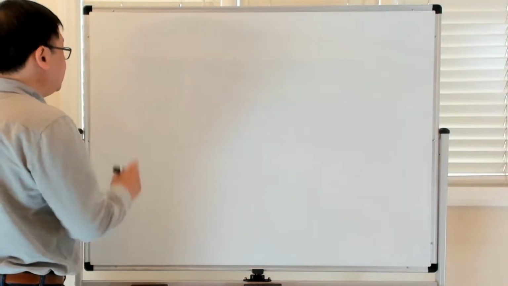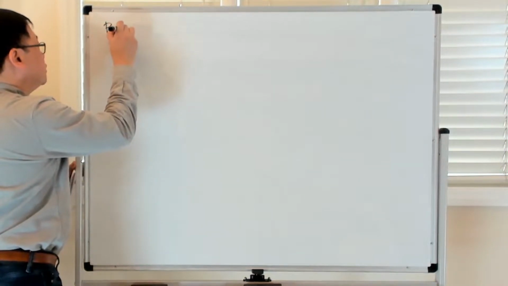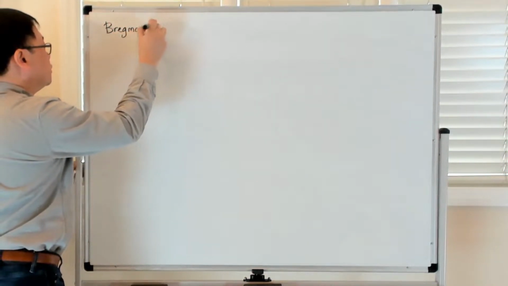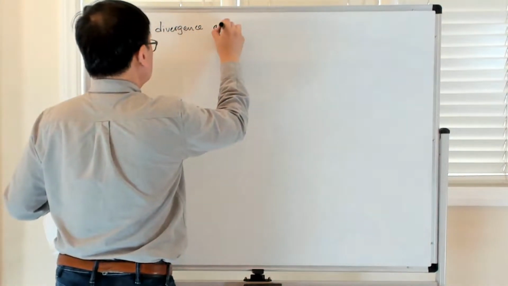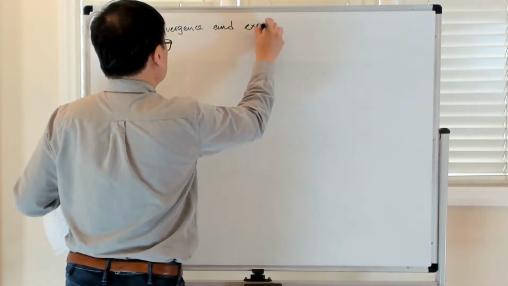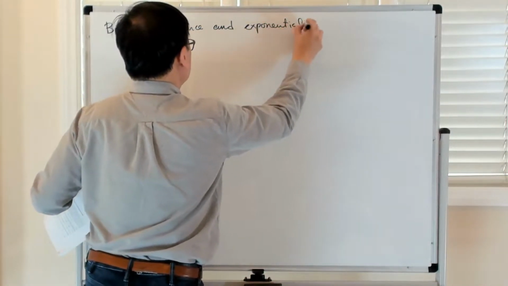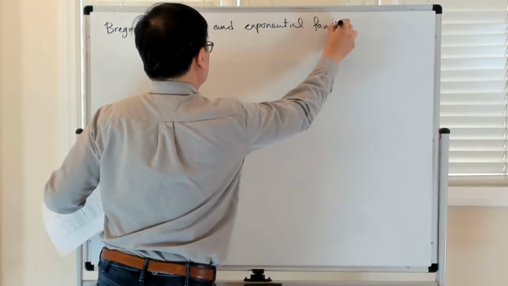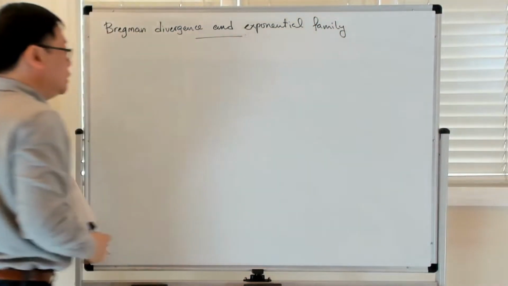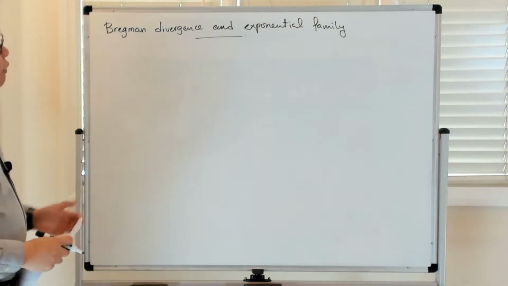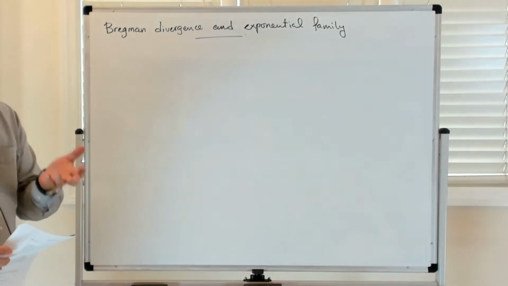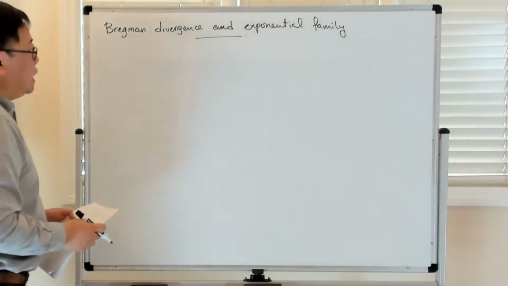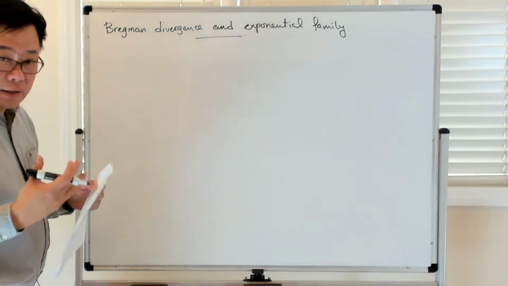All right, so now we'll talk about the Bregman divergence and the exponential family. We've already observed that if you have an exponential family of probability distributions, there's this normalization factor, which is in the exponential, and it has the property that it's a convex function.